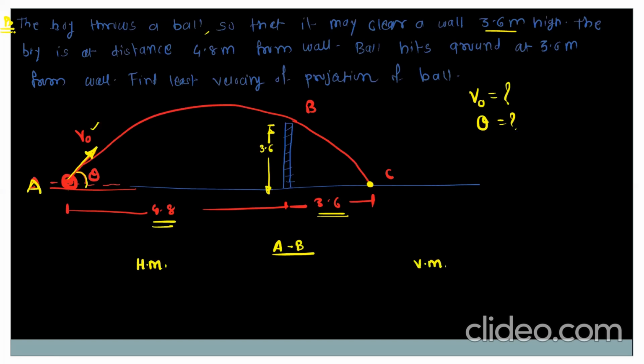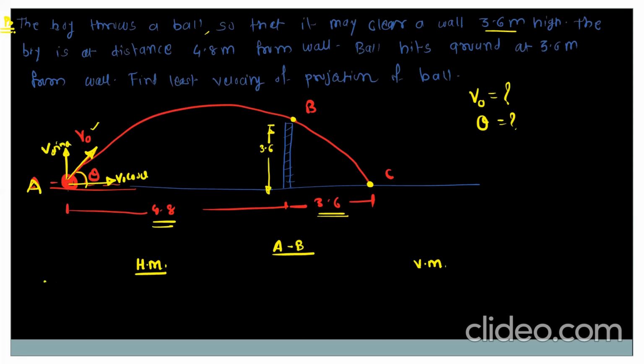So point B is not the highest point on that trajectory. Okay, we don't know exactly whether it is the highest point, so we cannot take the velocity at point B as 0. So the initial velocity for motion A to B, we can resolve this. This is V naught cos theta, and this will be V naught sin theta.